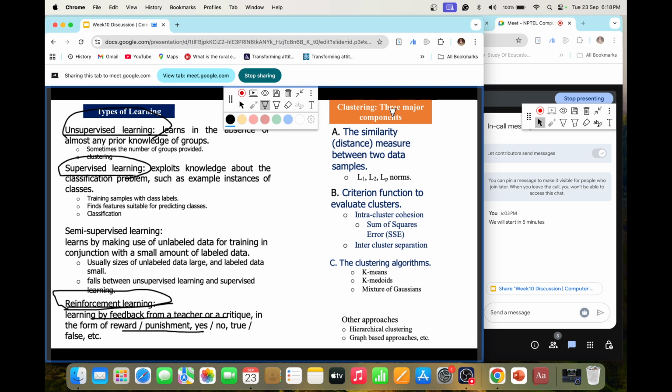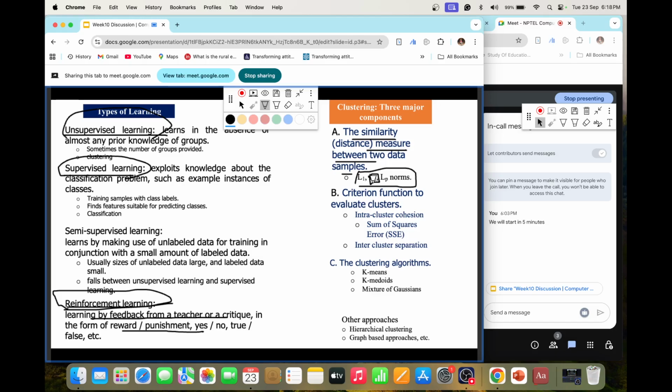In clustering, there are three major components. The first thing is the similarity distance measure between two data samples, which we have already discussed in previous classes: L1 norm, L2 norm and LP norm. This is nothing but a type of measuring distance. L2 norm is the most common, and it is also known as Euclidean distance.